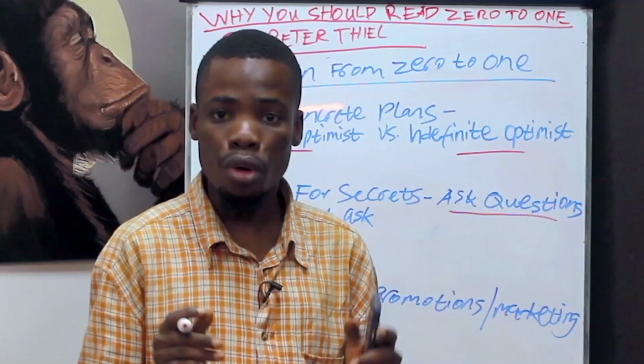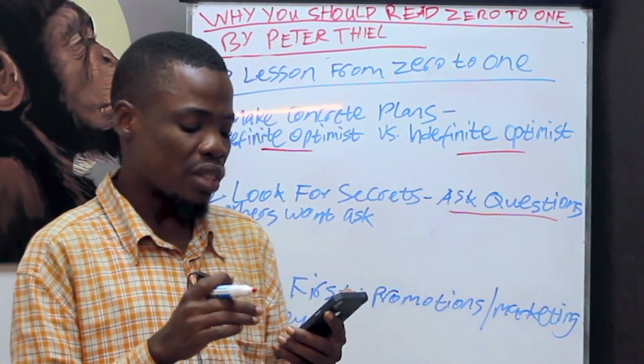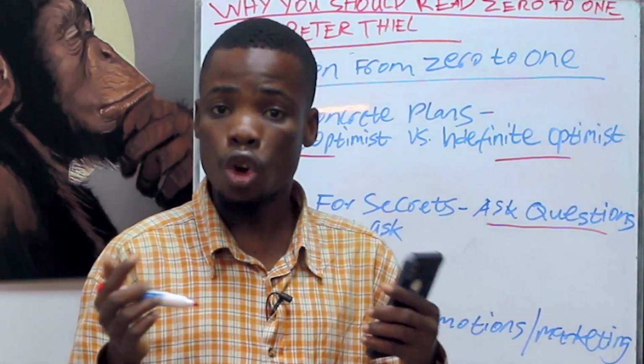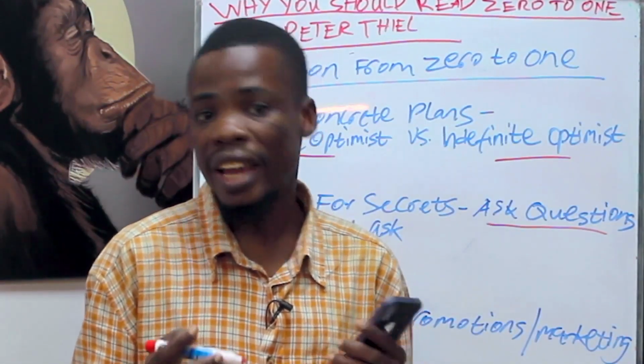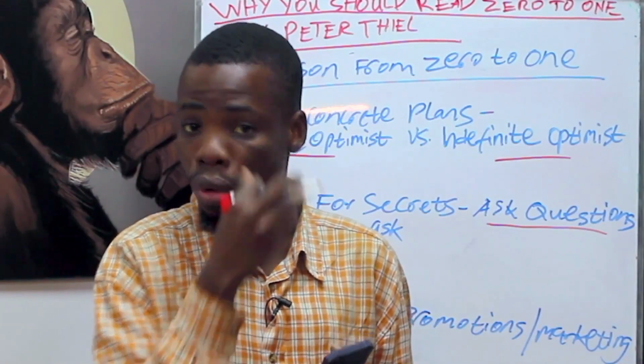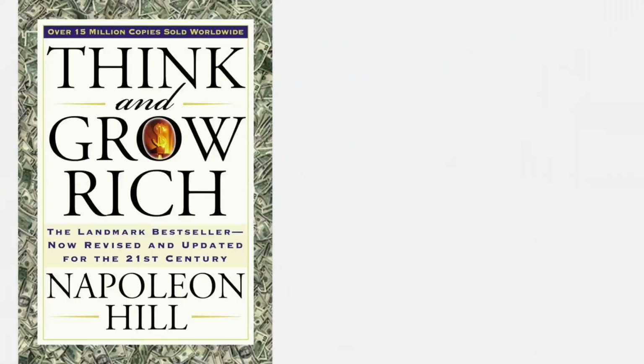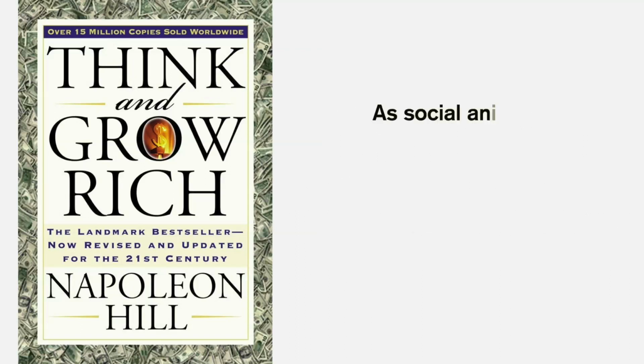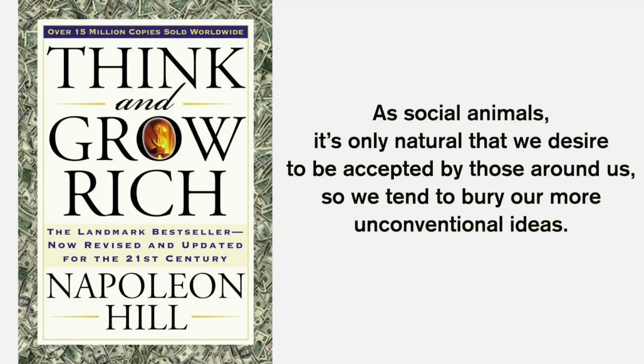Here is a vital point to take home from this particular point, that is looking for secrets. So here is a quote now, a key takeaway from the book, which is the classic success book Think and Grow Rich, which says that fear of criticism is one of the biggest things stopping people from becoming wealthy. As social animals that we are, it's only natural that we desire to be accepted by those around us.